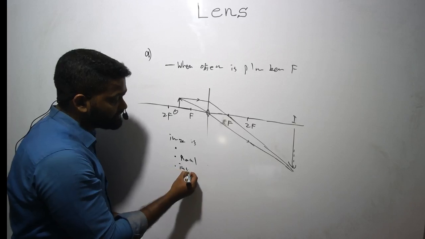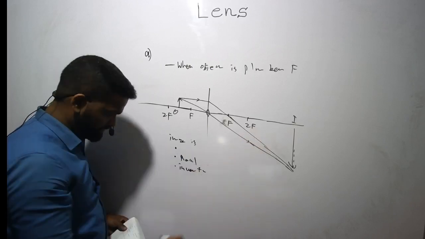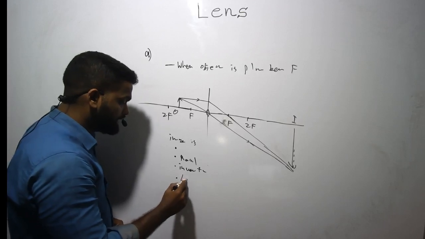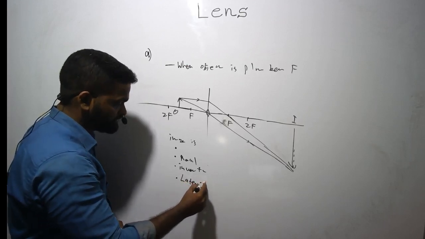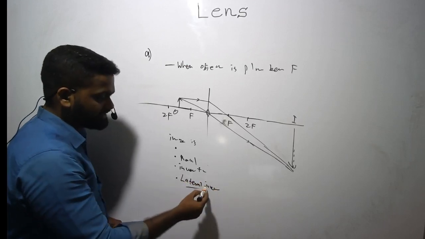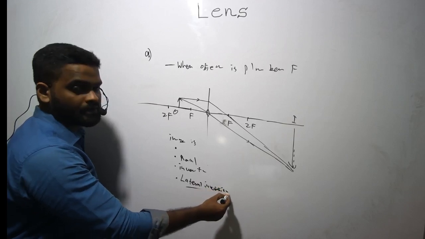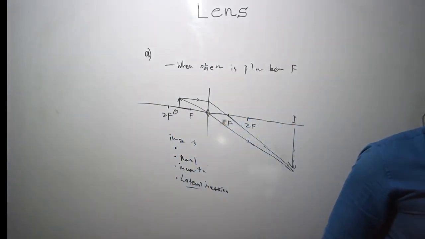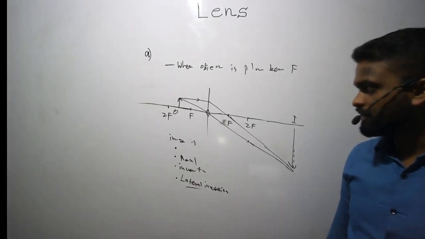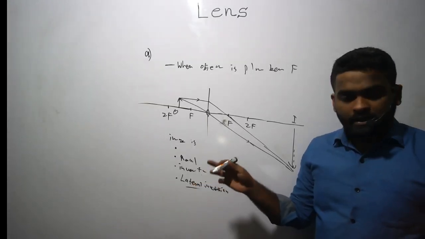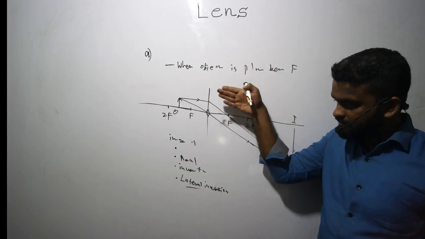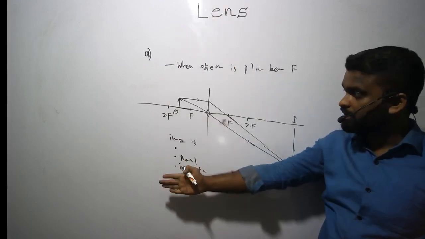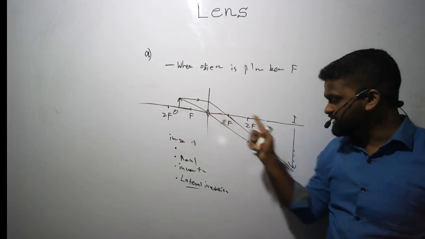Another thing is inverted. You can see it is inverted. Those you know. Then lateral inversion, you need to clarify that. When you think about the plane, this board, you can see the image is inverted.